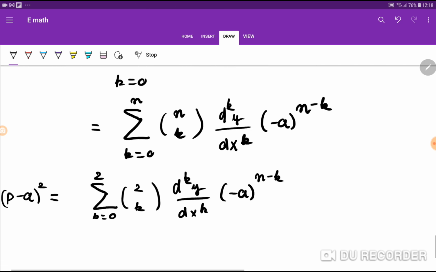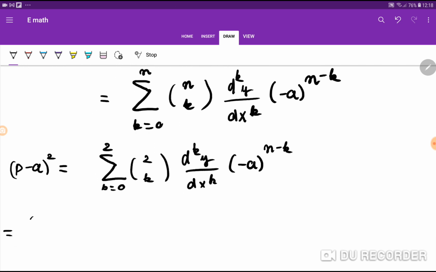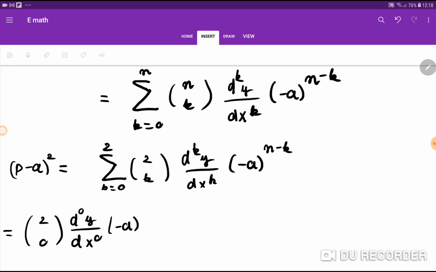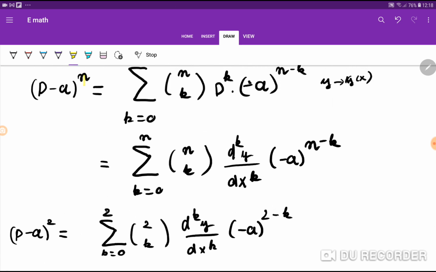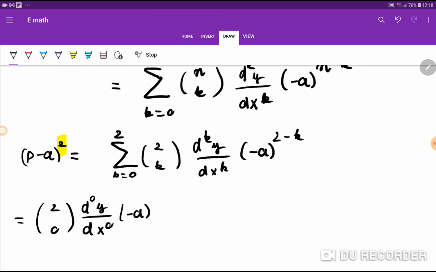Okay, so it will equal to what? It will equal k equals 0. Oh, we forgot, in this case n is not 0. Sorry, guys. In this case, n right here is 2, because here we're replacing n with 2. So everything with n will go to 2.